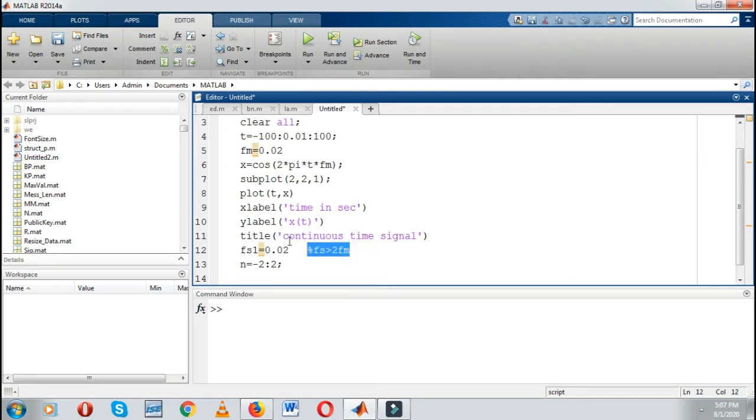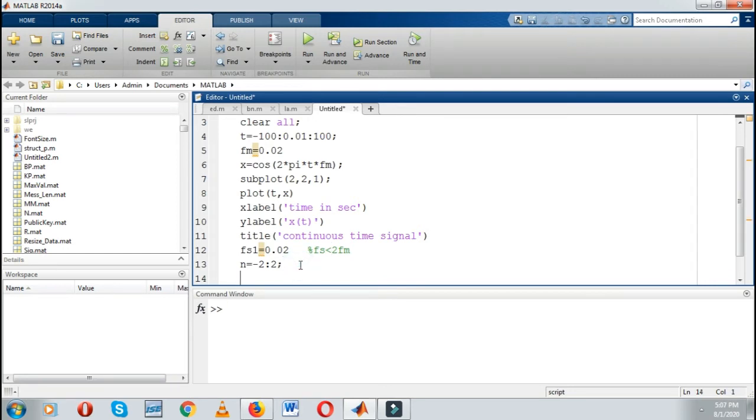But in this case our modulating frequency is 0.02. If I multiply, you will get 2 into 0.02, which means 0.04. In that case obviously this fs1 is less than 2 fm. So this is the condition for fs less than 2 fm.